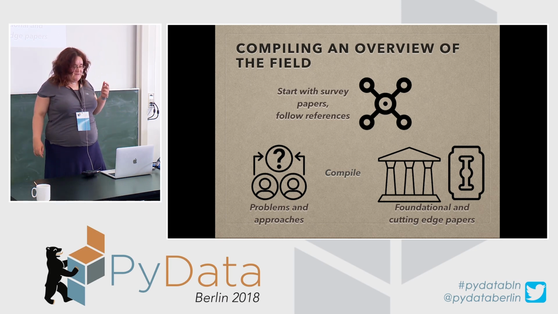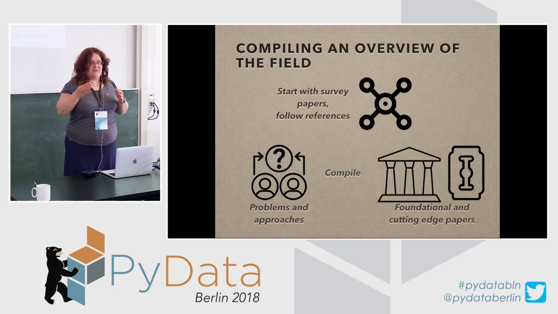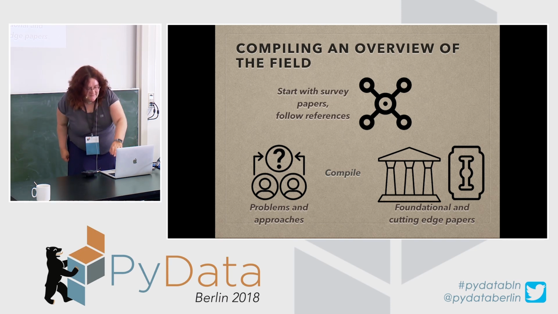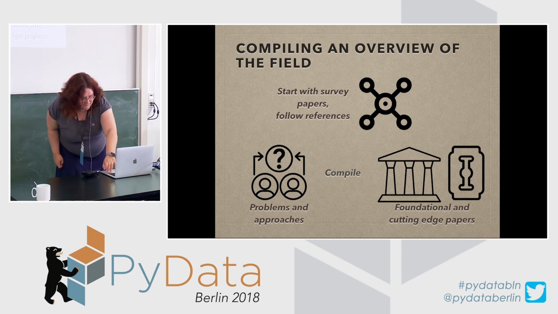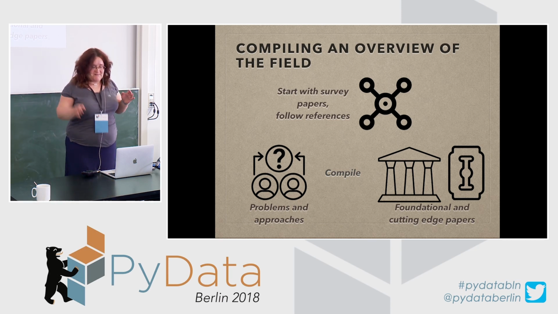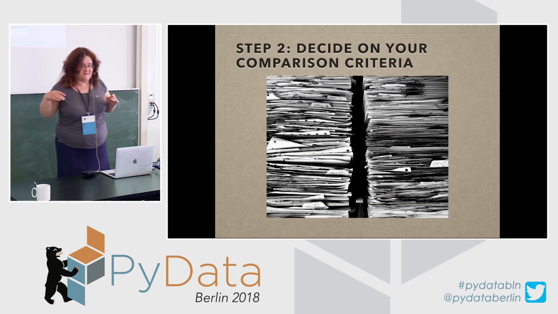And the papers that are usually interesting are those that are either foundational, which means they started a new approach and found a different way to solve the problem that you're facing, or they are cutting edge, which means they took an existing approach and had a new take on the issue.